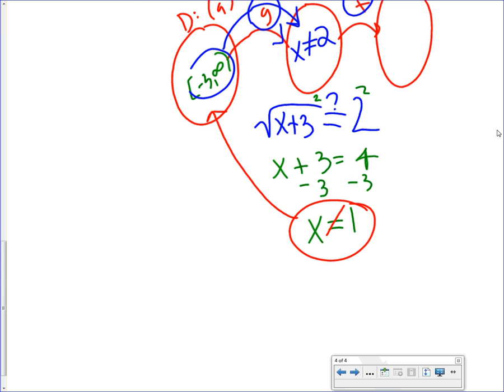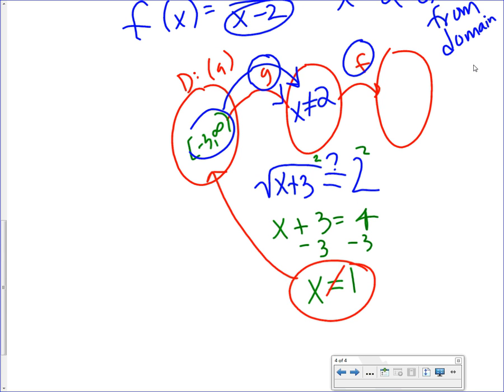Because if x were to equal 1, even though 1 is in between negative 3 and infinity, even though 1 is allowed here, if we input 1 into g, the output will be 2. And then if we go to try to put into f, we'll have 1 over 2 minus 2, which would be 1 over 0, and it will break the machine.